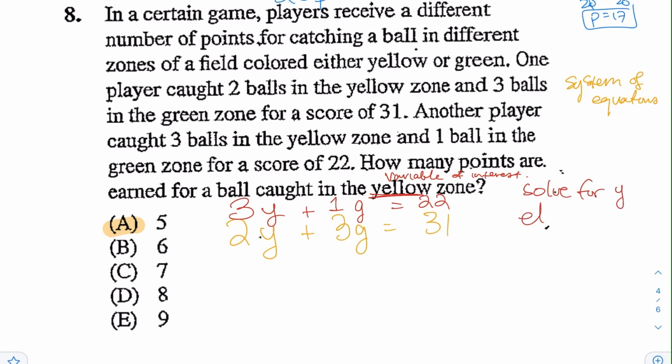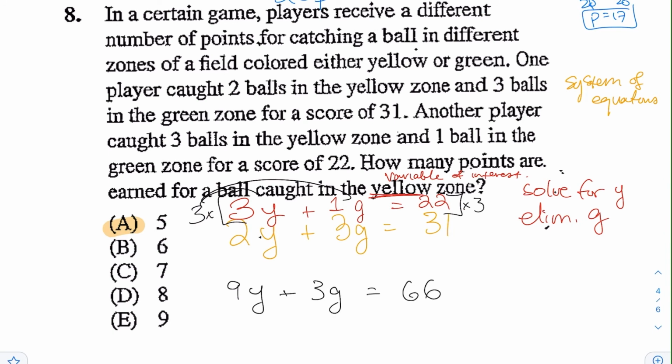So that means you want to eliminate g. So to eliminate g, you can take that second equation. You want to match the coefficients here, so you can do a proper elimination. You could do that by multiplying by 3 on both sides. So once you distribute that, you have 9y plus 3g is equal to 66. And then the first equation is the same.